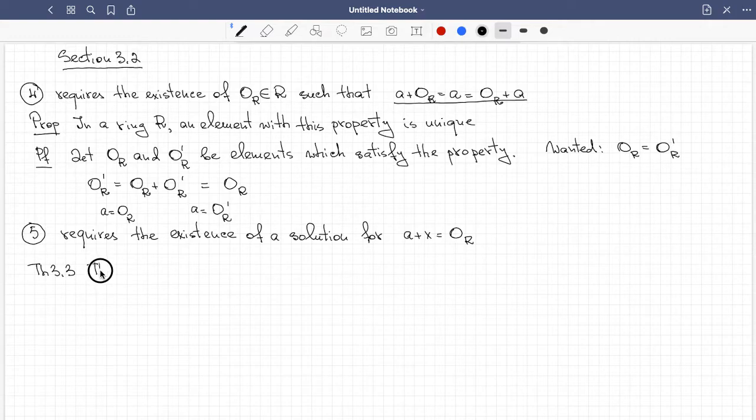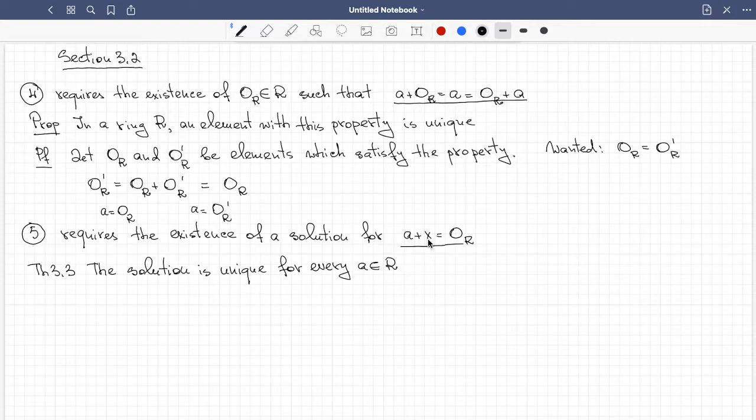The solution is unique for every A in R. So the solution x to this equation is unique.